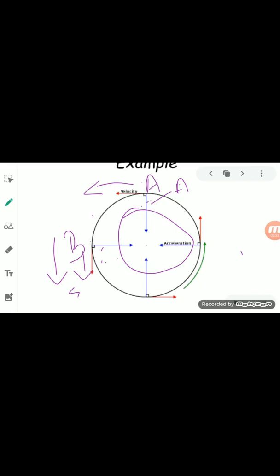So circular motion is accelerated even though the speed of the body remains constant. We are continuously moving it with the same speed, but since there is a change in the direction, it means a change in the velocity also, and change in velocity will create acceleration. So even though it is moving with constant speed, the motion is accelerated.